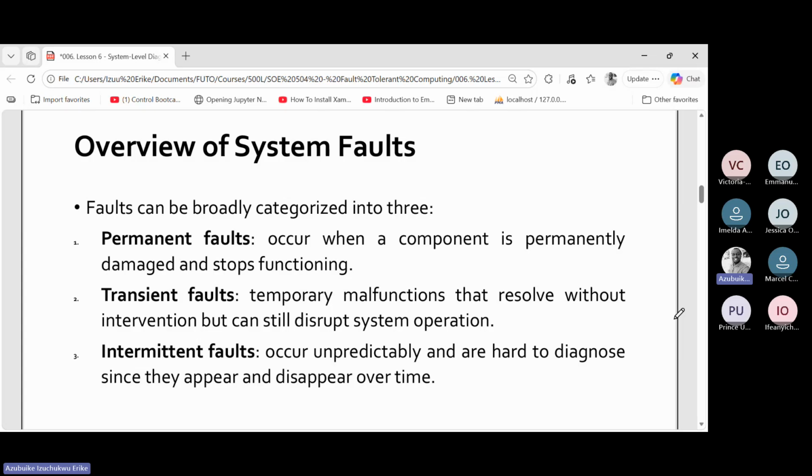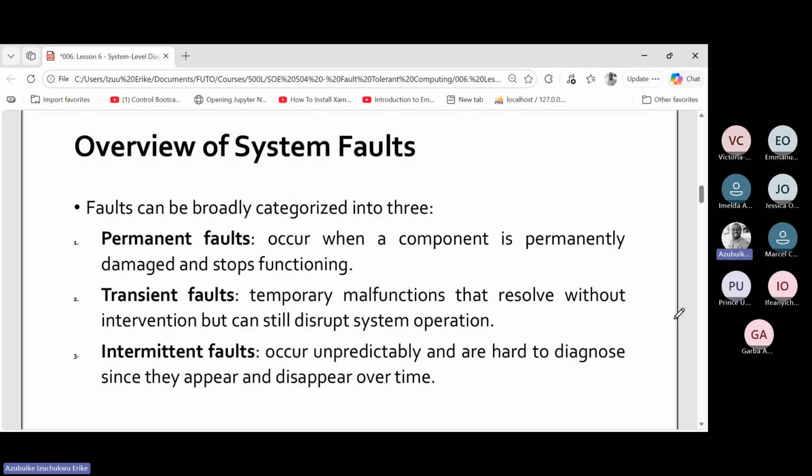Okay. So we have transient faults, and these ones are temporary malfunctions that resolve without intervention of the developer. But the truth is that it might still disrupt the system operation. And then we have intermittent faults, and these are faults that occur unpredictably, and they are hard to diagnose since they appear and disappear over time.